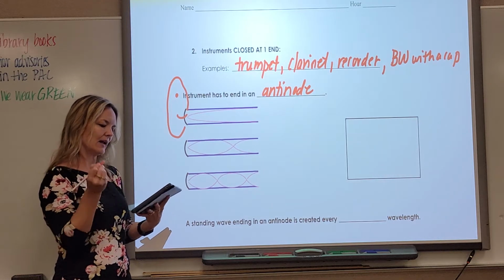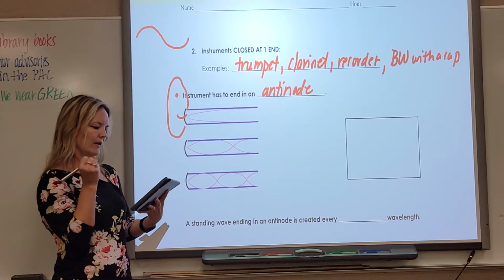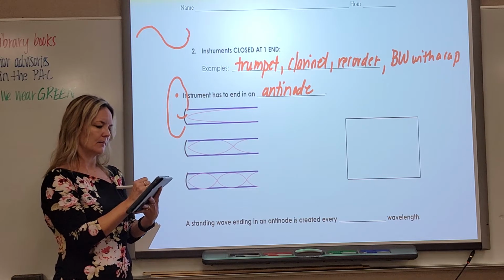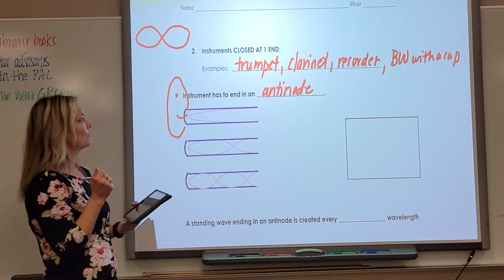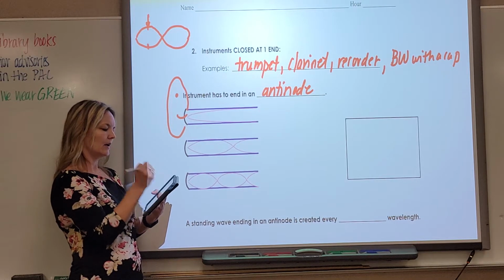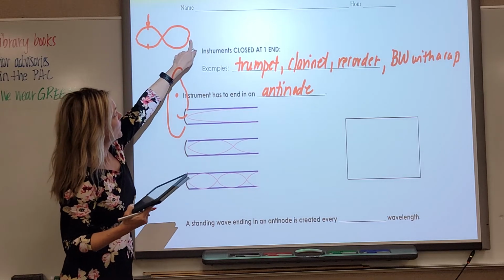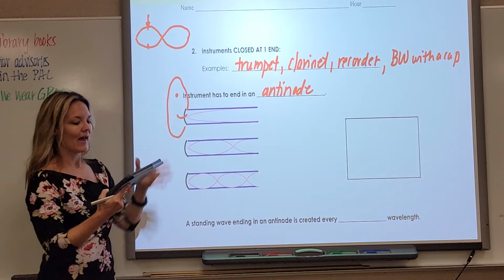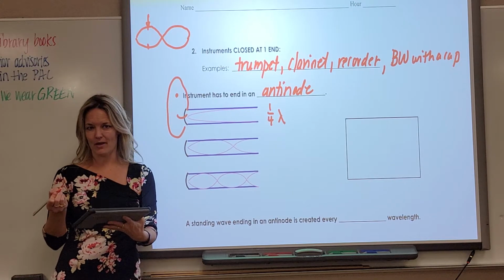Okay, think back. I'm going to draw a standing wave up here. Here's one wavelength like that. It then comes back, so this would be one wavelength. The first place you find an antinode is right here. On the scheme of the wavelength, this is a half, and this would be equal to 1/4 of a wavelength.